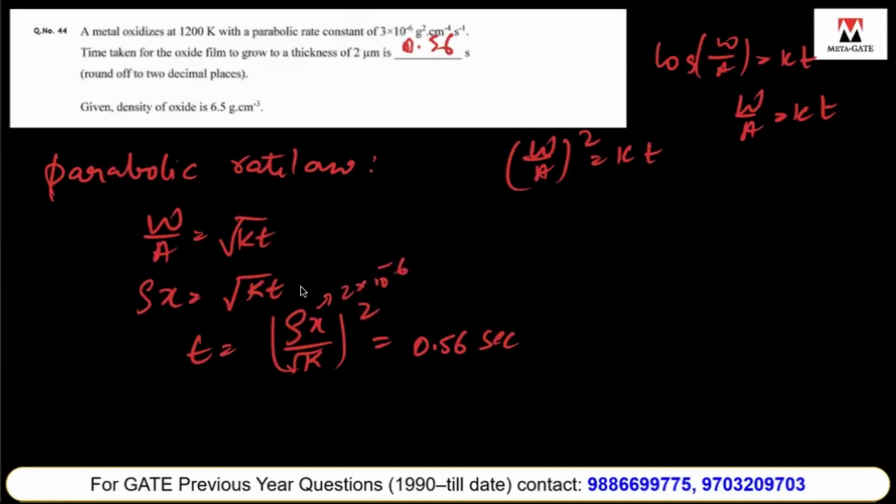The parabolic constant is given as 3 into 10 power minus 6, and density is given as 6.5 gram per centimeter cube. Substituting these values together. Thank you.